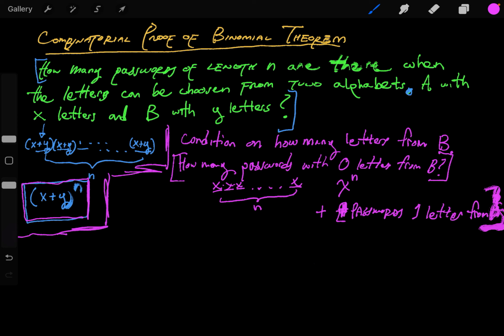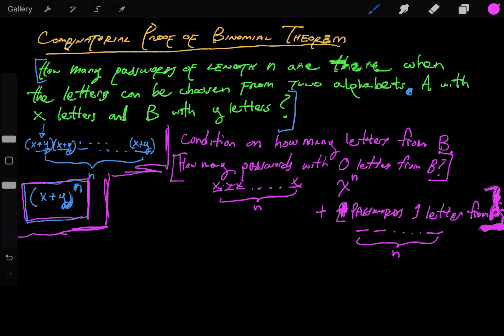Now this one's a little bit more tricky, but let's see if we can figure it out. I have, again, n slots, and I know that there's exactly one letter from B. It has to be one. So I have to choose where I place that letter from B.